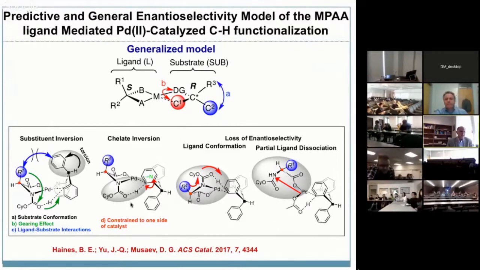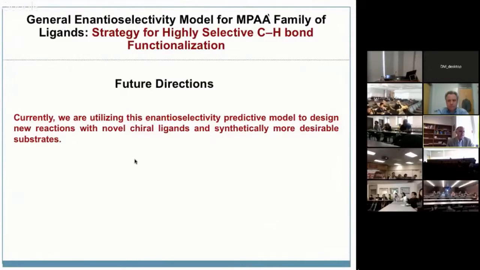We also identified the factors controlling MPAA ligand mediated palladium catalyzed C-H bond functionalization and selectivity of these reactions. Currently, we are utilizing this model to design more novel chiral ligands and synthetically more desirable substrates.